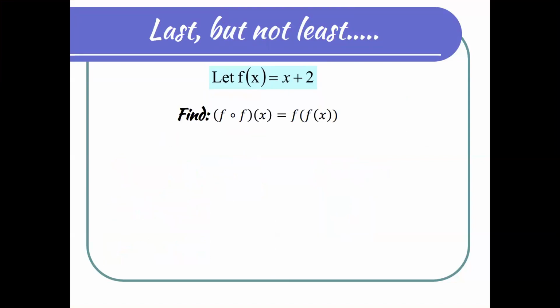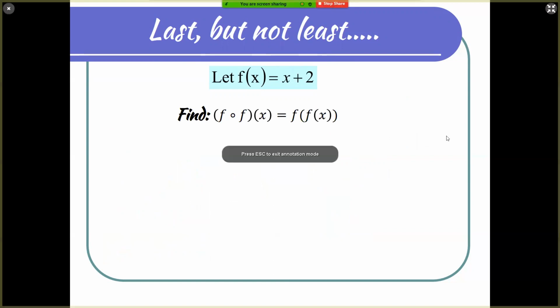And then one that tends to trick students. So here we're asked to plug f of x into f. Only gave us one function. So sometimes it helps my students to go ahead and write this function 2 times.